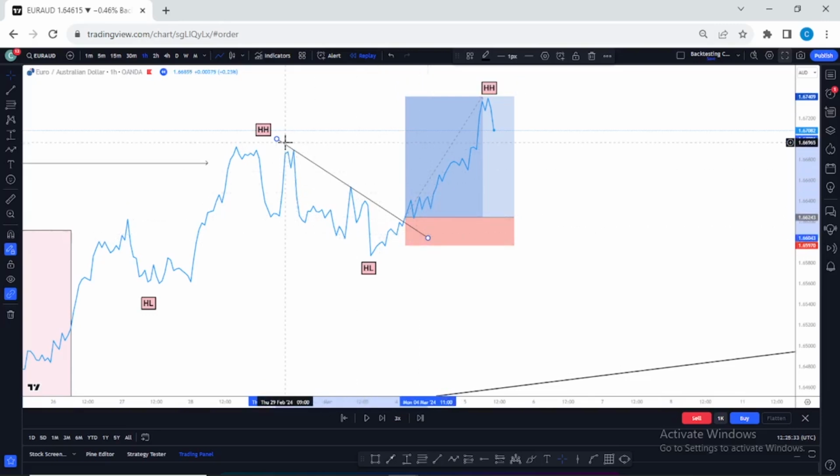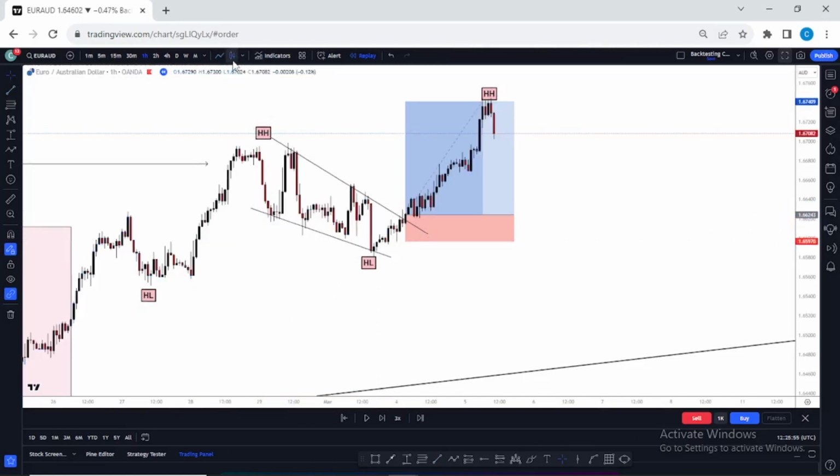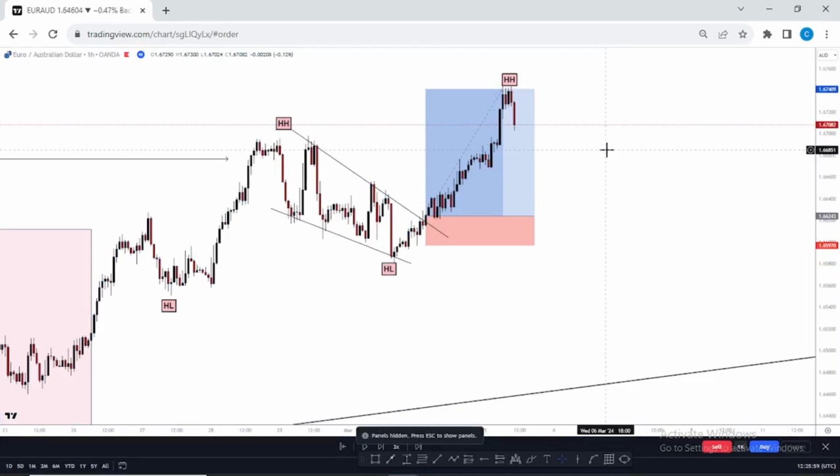You get me? So I just took my trend line and connected the structures within the retracement, which is point A and point B. I took another one and connected point A or point B. You get me? Good. After that, I switched back to my candlestick chart.